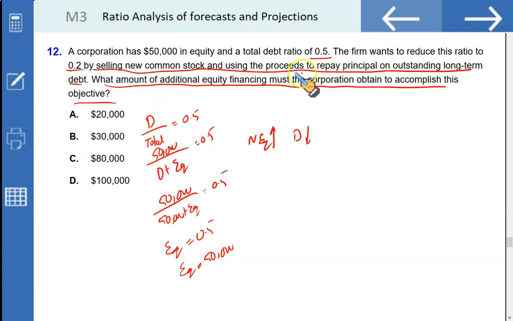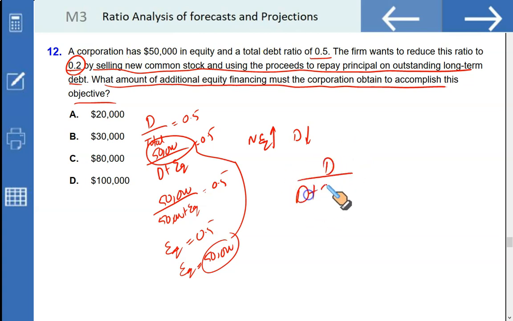We want our new debt to total funds ratio to be 0.2, which means if we keep the total capital deployed the same, 50,000 equity and 50,000 debt, we want debt to be just 20% of that amount. Means we want debt over debt plus equity to be 0.2, and for that debt has to be 20,000.